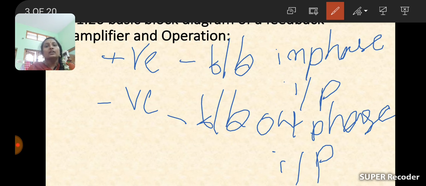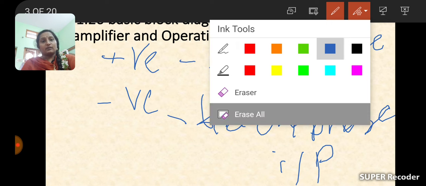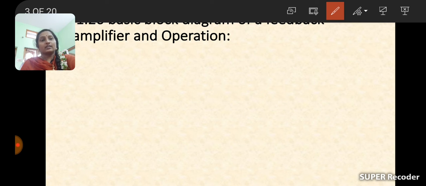Is it clear? So two types of feedbacks are there. If the feedback signal is in phase with the input signal, the feedback is called positive feedback. If the feedback signal is out of phase with the input signal, then the type of feedback is called negative feedback. Is it clear? What is meant by feedback, how many types of feedbacks are there, and how can we define them?